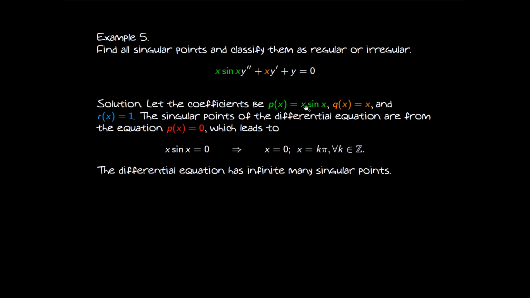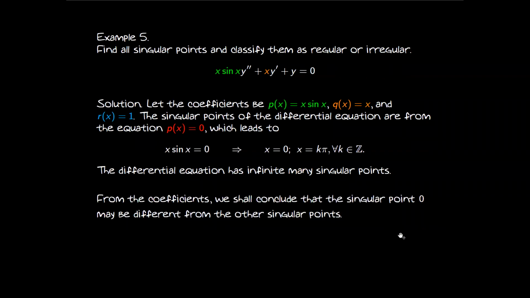For example, P of x when x is equal to 0, the 0 and the k pi have different kinds of performance, okay? So that's why I need to check the singular point 0 and the other singular points, namely some multiple of pi. I have to check these two separately.